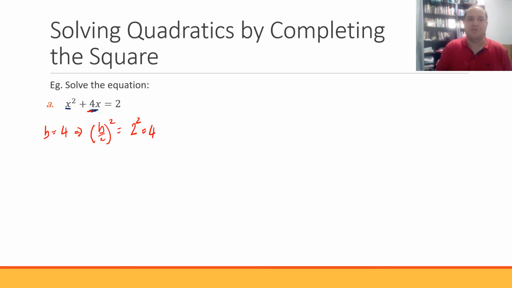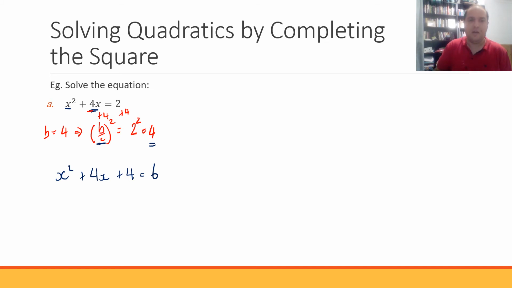So what I want to do is add 4 to both sides. So my equation becomes x squared plus 4x plus 4 equals 6. So adding 4 to both sides, that 4 came from halving our b value, half of 4 is 2, and squaring it to make 4.